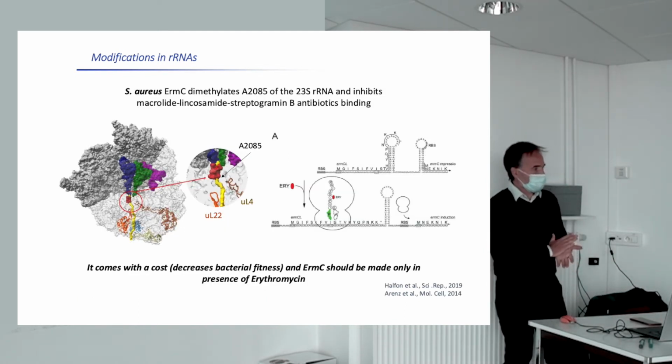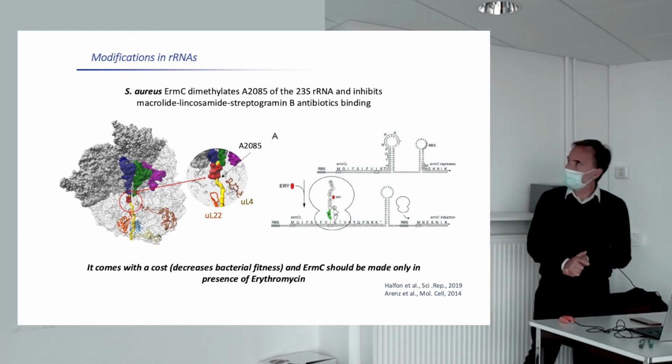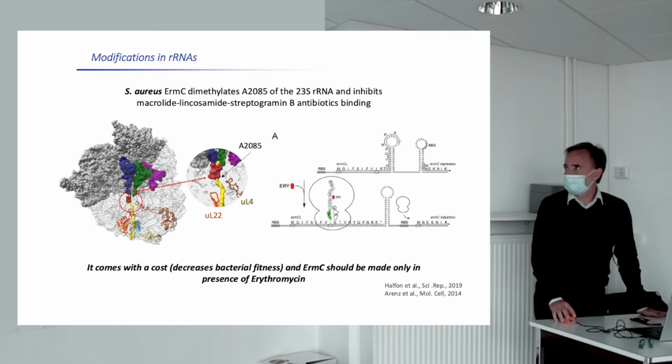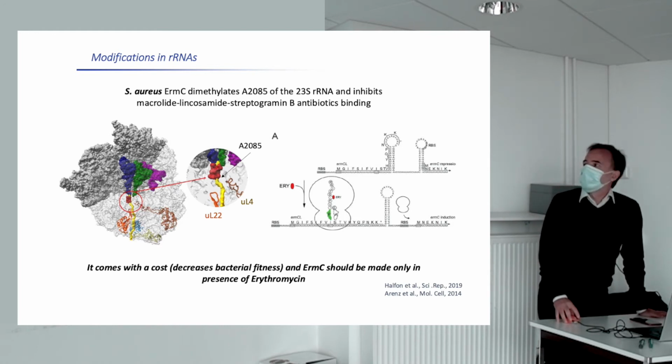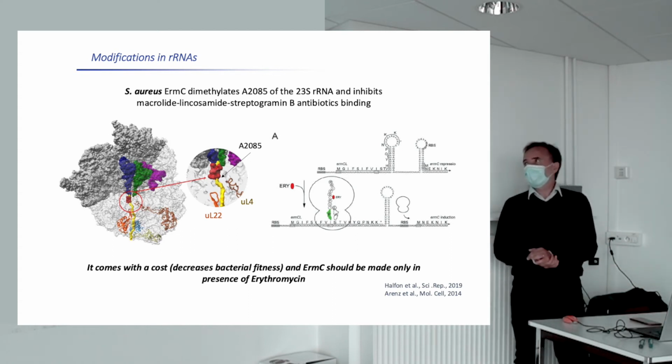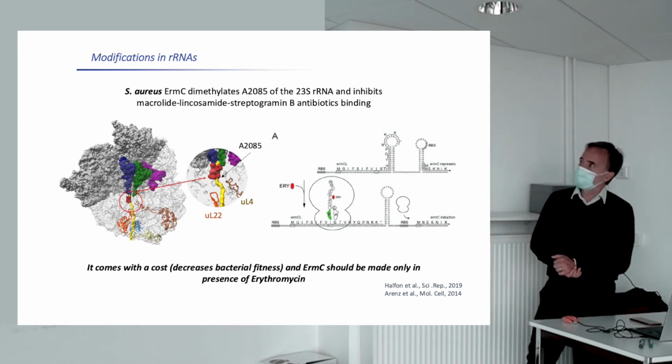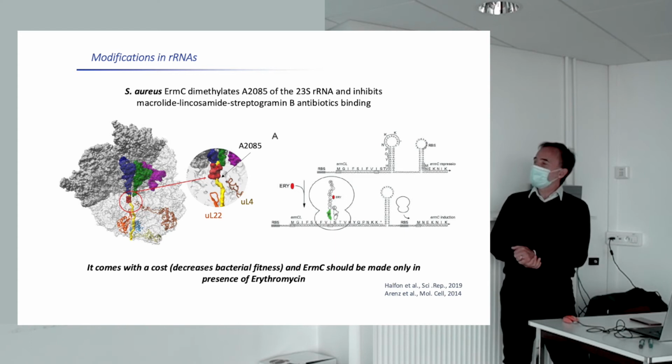In this case, we have antibiotic stress. There are different antibiotics, for example erythromycin, which is a macrolide, but the same effect has been seen with other antibiotics like lincosamides or streptogramin B antibiotics.